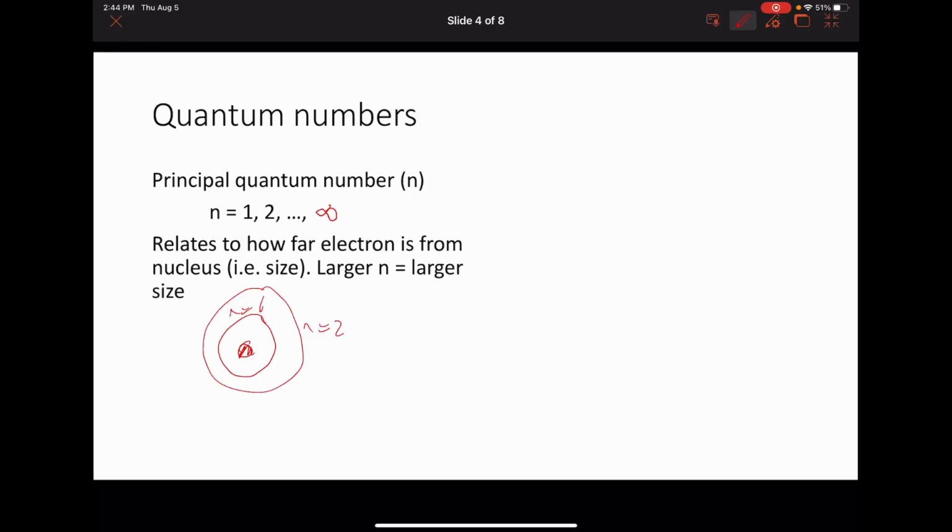Well, now they're not necessarily circular orbits, but n equals 1 is the closest, and then they go up as you go along. So if you have an electron at n equals 3, it's generally farther away from the nucleus than an electron that's n equals 2, or n equals 1.